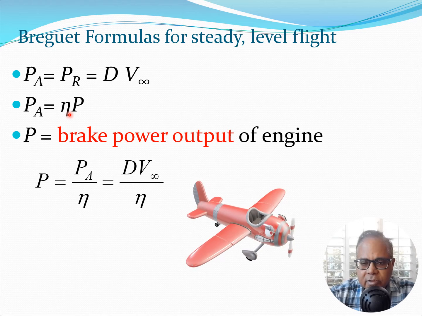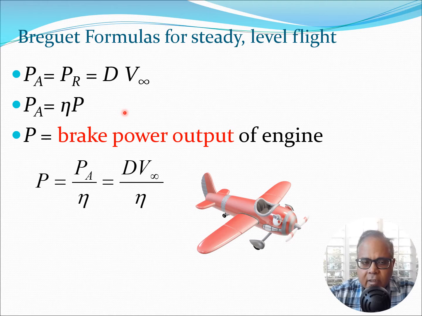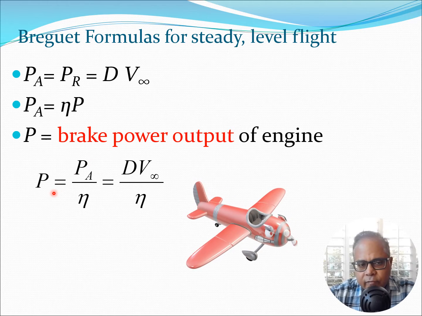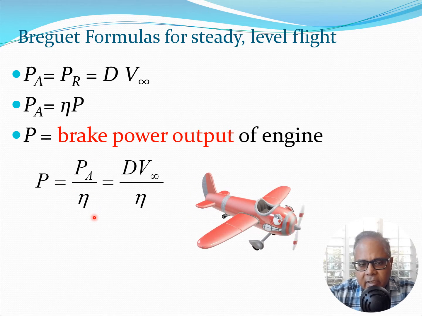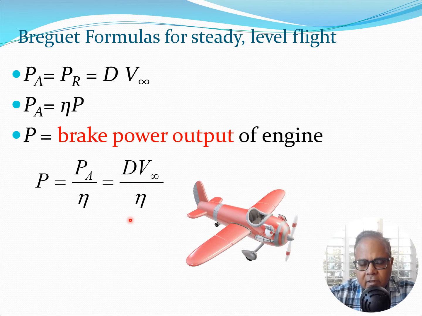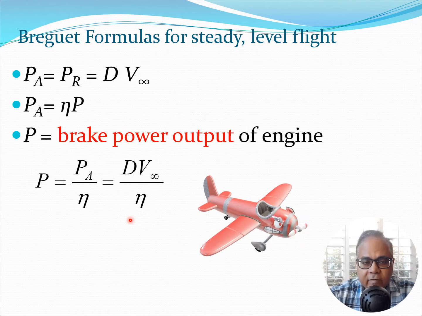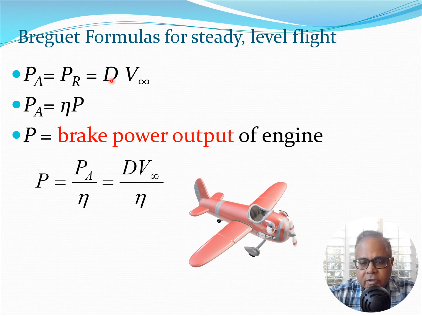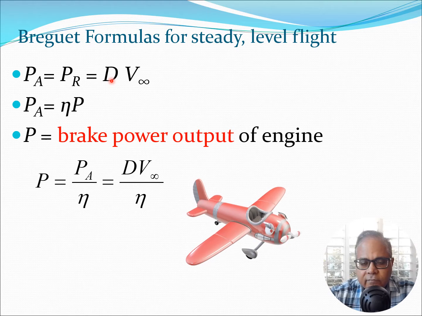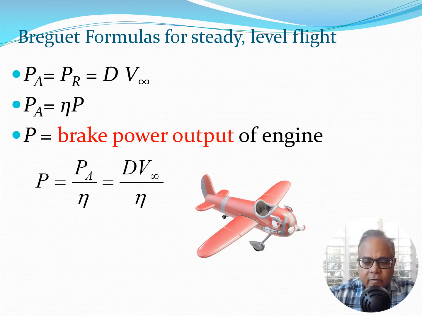So essentially, this is an efficiency, and this may be something like 0.9 or below. So we can write P as PA divided by eta, which becomes D V infinity divided by eta. So remember, again we are in steady level flight, so thrust is equal to drag and lift is equal to weight, and we are dealing with the propeller aircraft.